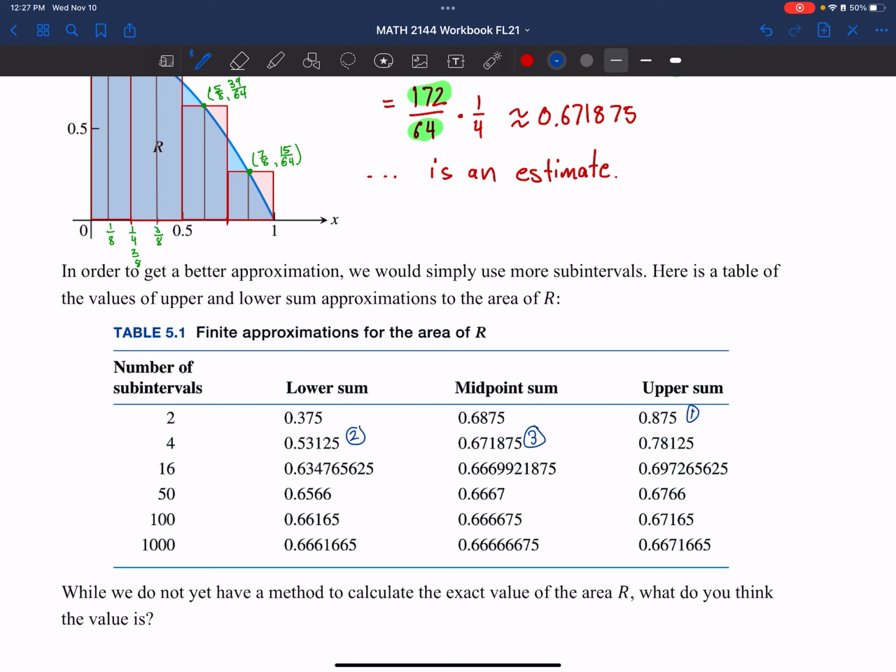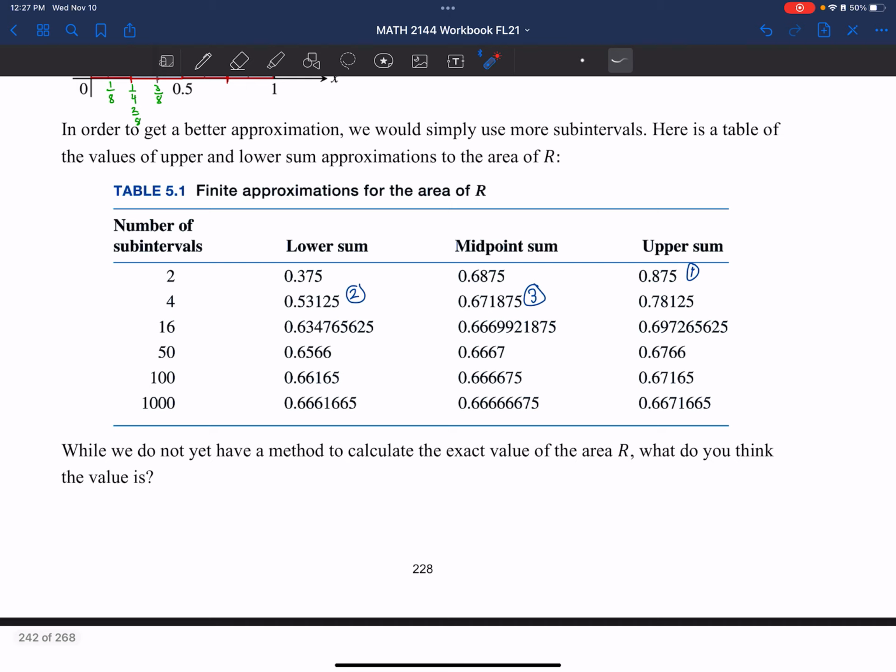But if you look, if we were to just consider smaller and smaller subintervals, anyone want to take a shot at what you think the area of that blue shaded region would be based off of this table? Luke? 2/3. Because if you look at this, we have the idea of a limit, especially if we look at the midpoint, you could really see 0.666666675.